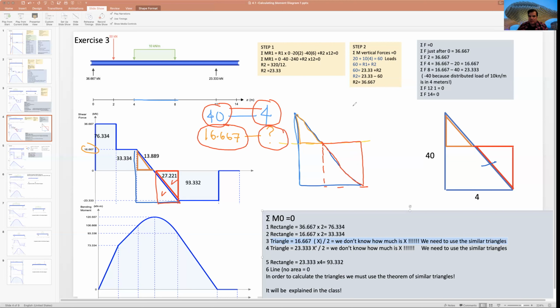The same, you will take 16.667 and make this rule of 3. You multiply by 4, okay? Because that is the proportion, and you divide by 40. And that will tell you the number of that base. Got it?